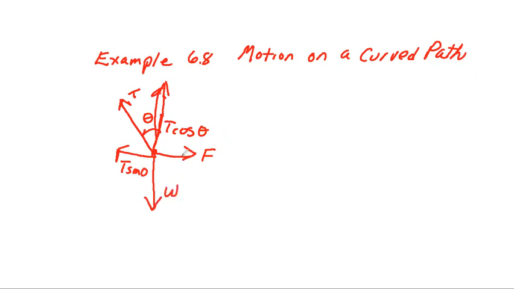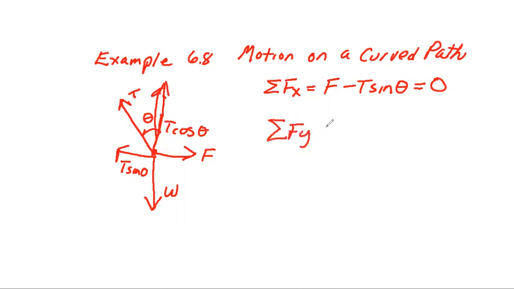We could sum up the forces in the X and the Y direction. So the sum of the forces in X equals F minus T sine theta. That's going to equal 0, he's in equilibrium. And the sum of the forces in Y is T cos theta minus W equals 0.